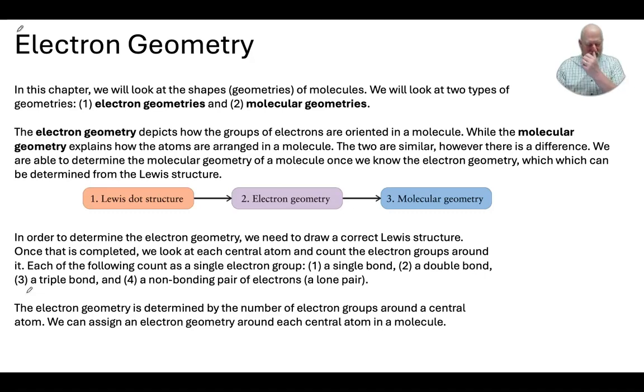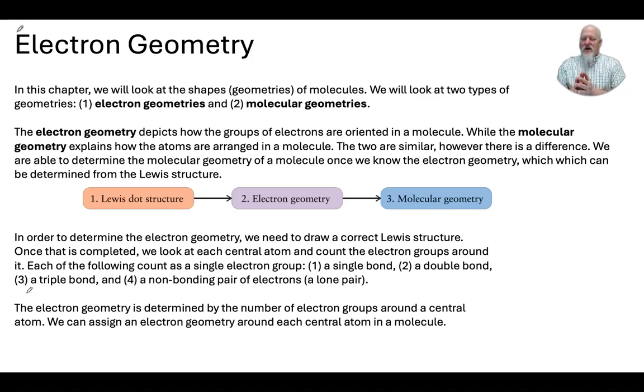In our case, we're going to look at the central atom, and all the bonds to that central atom and all the non-bonding electrons on that central atom. The theory here is that the shape is going to be determined by the repulsion between these electron groups. So the electron geometry is the shape of all the electron groups around the central atom.